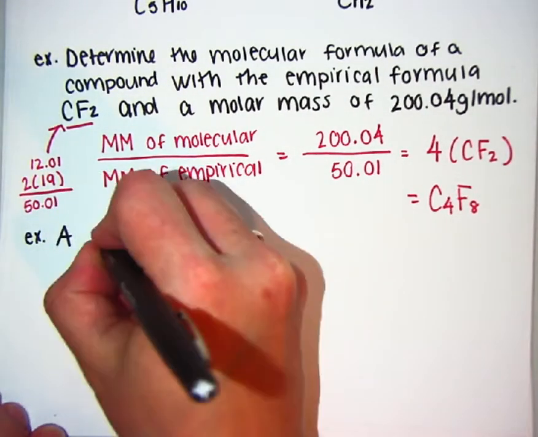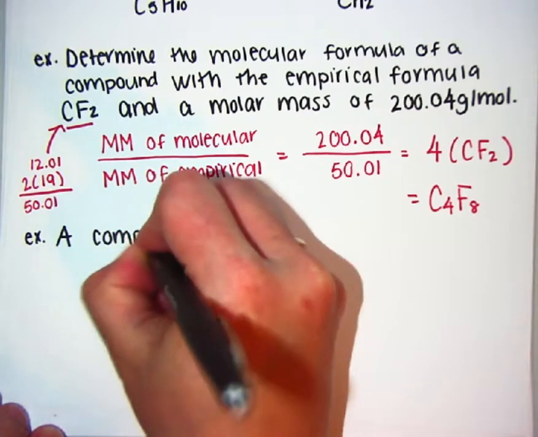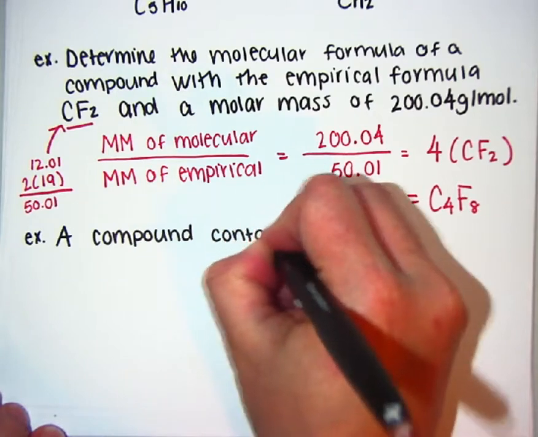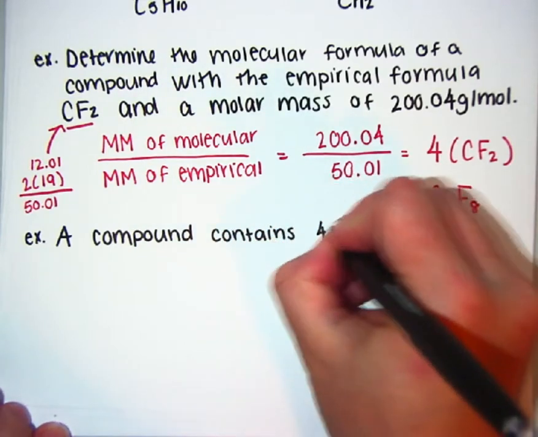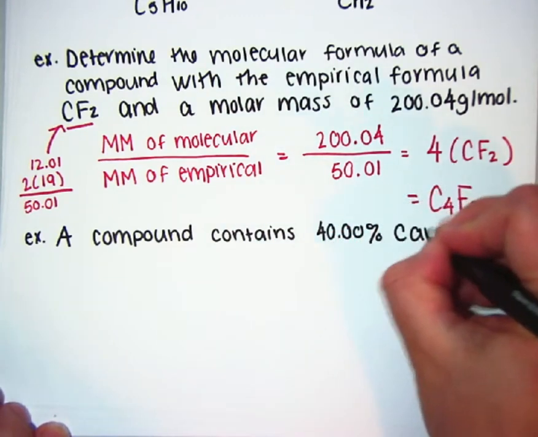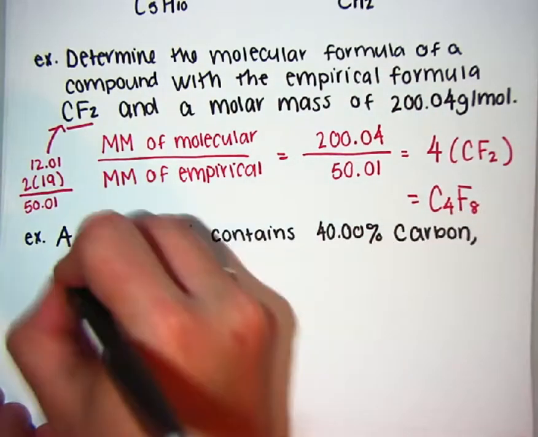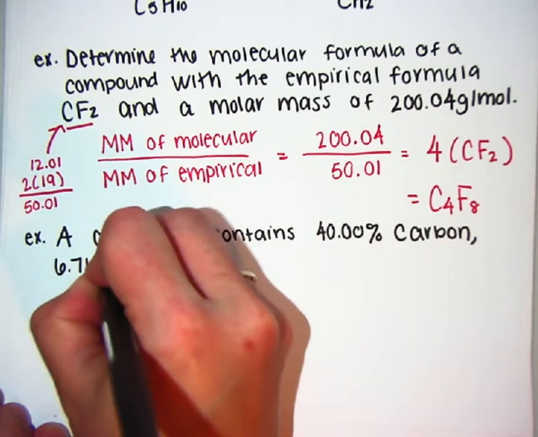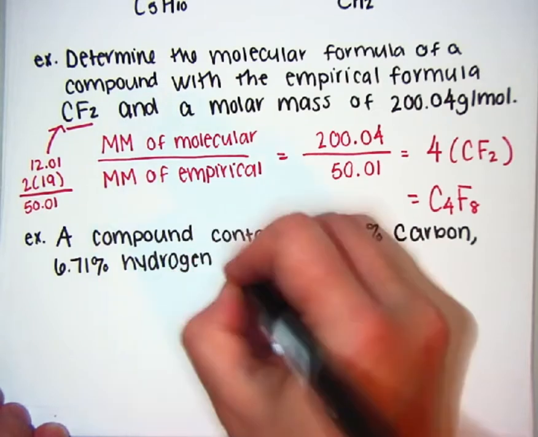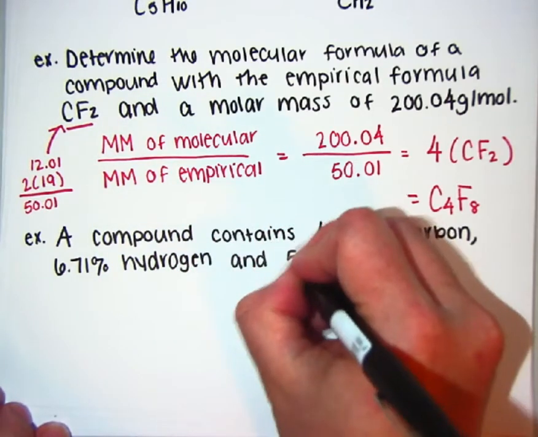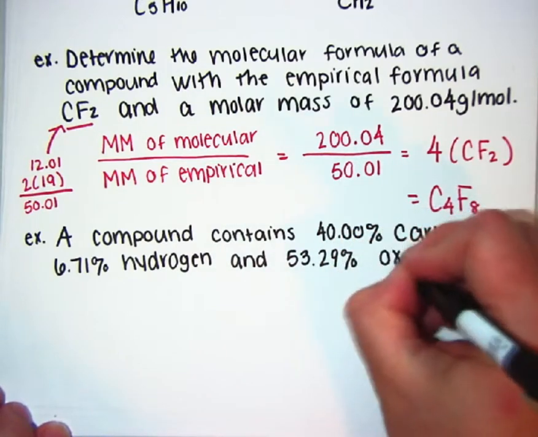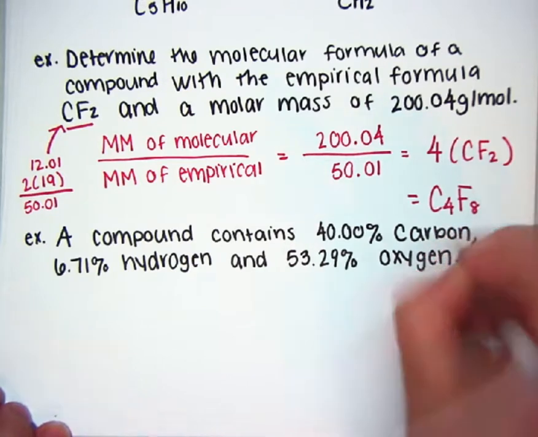So let's say we are told a compound contains 40% carbon, 6.71% hydrogen, and 53.29% oxygen.